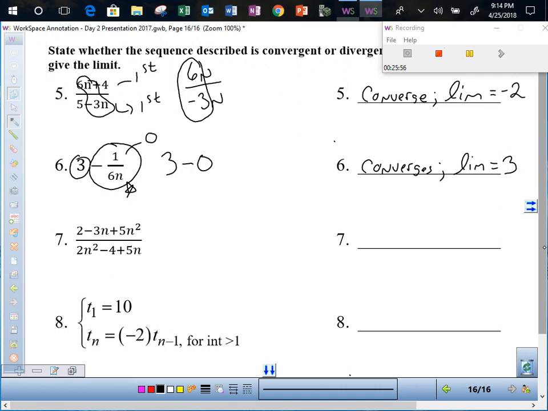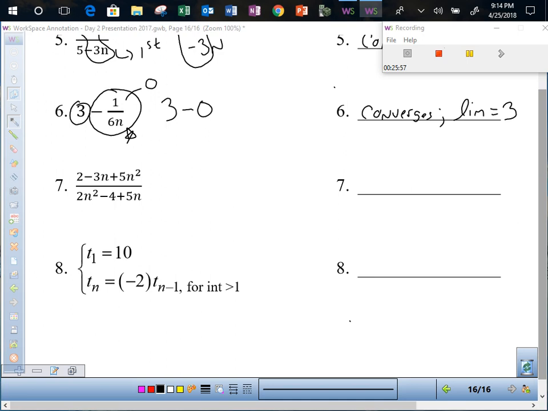See if you can get a jump start on me on number 7. Peek at your powers real fast and see if you can decide what that limit might be. Hint, hint, there is a limit. So here goes thinking. Go find your highest power. They are both n squared. That means this doesn't count, this doesn't count, that doesn't count.